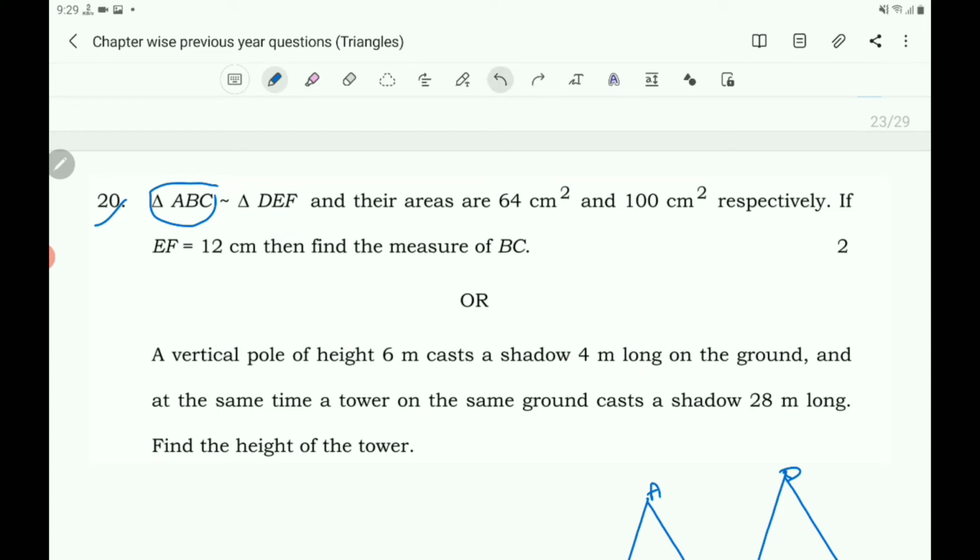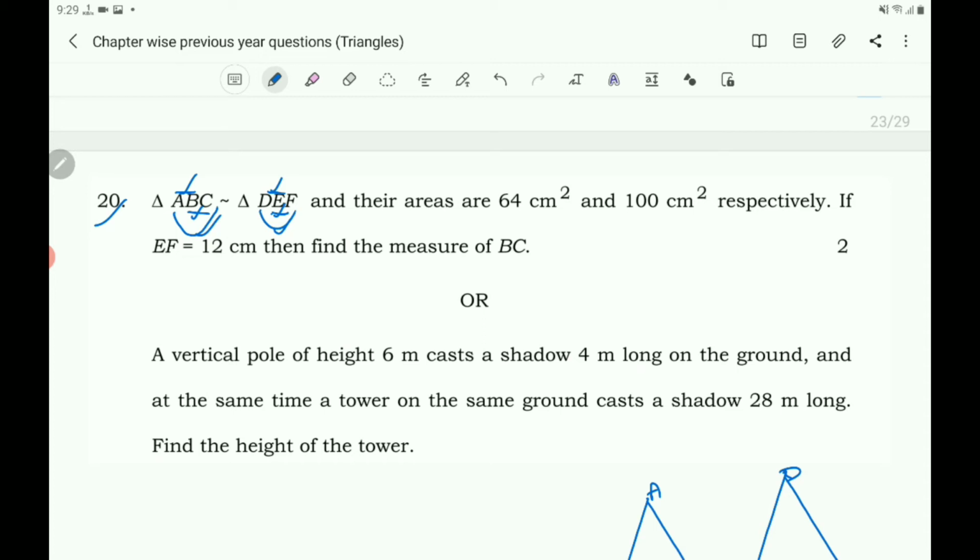Now you can note that here the vertices are in order, then AB by DE is equal to BC by EF and AC by DF. Here AB by DE is equal to BC by EF is equal to AC by DF.